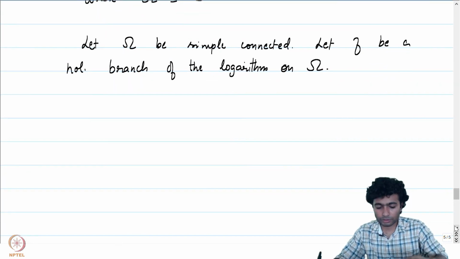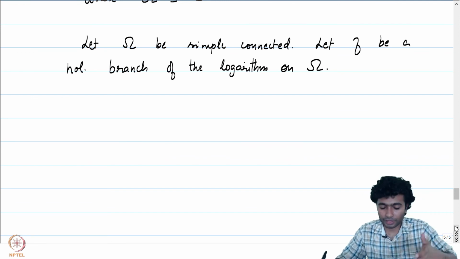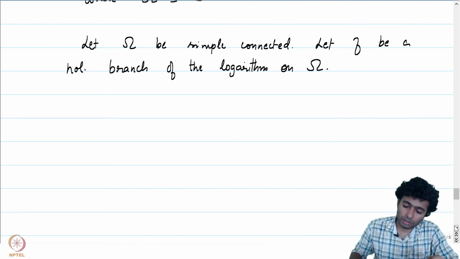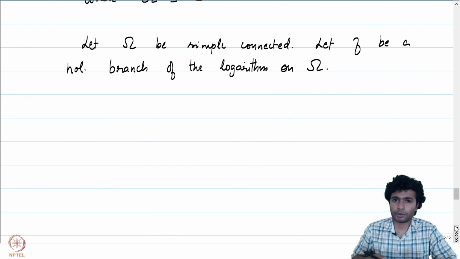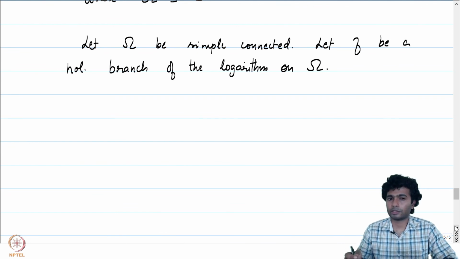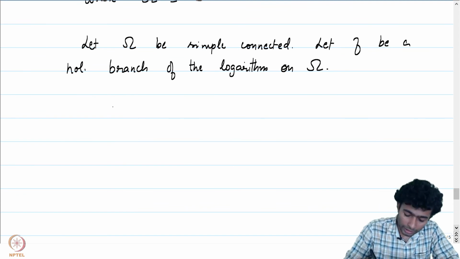So notice that because it's having a holomorphic branch here, any continuous branch is in particular going to be holomorphic, which we had noticed earlier. Now, using this holomorphic branch, let's try to get hold of a holomorphic branch of the nth root function on omega.